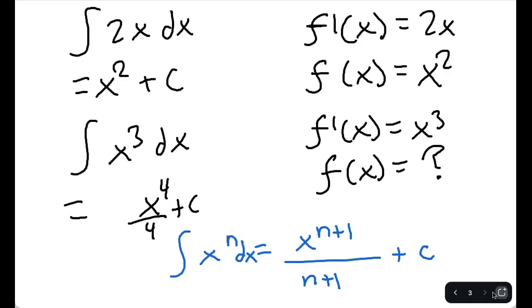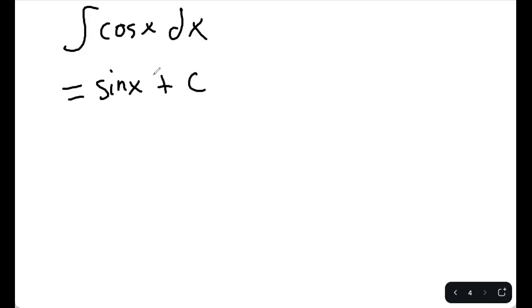x cubed. What about the integral of cosine of x? Just looking at it, what's the expression whose derivative is cosine of x? That'd be sine of x. Exactly, because the derivative of sine of x is cosine. Now this one is a little bit harder: the integral of sine of x.